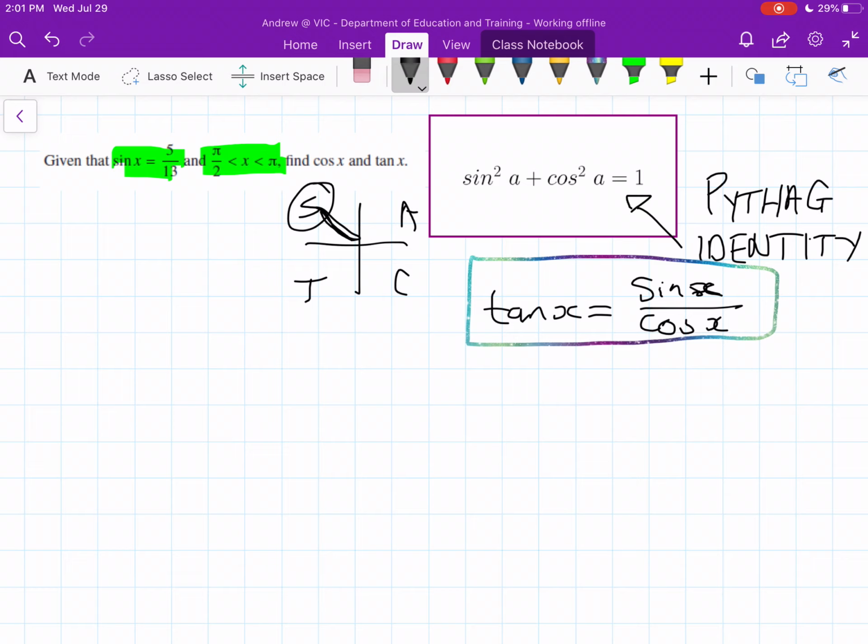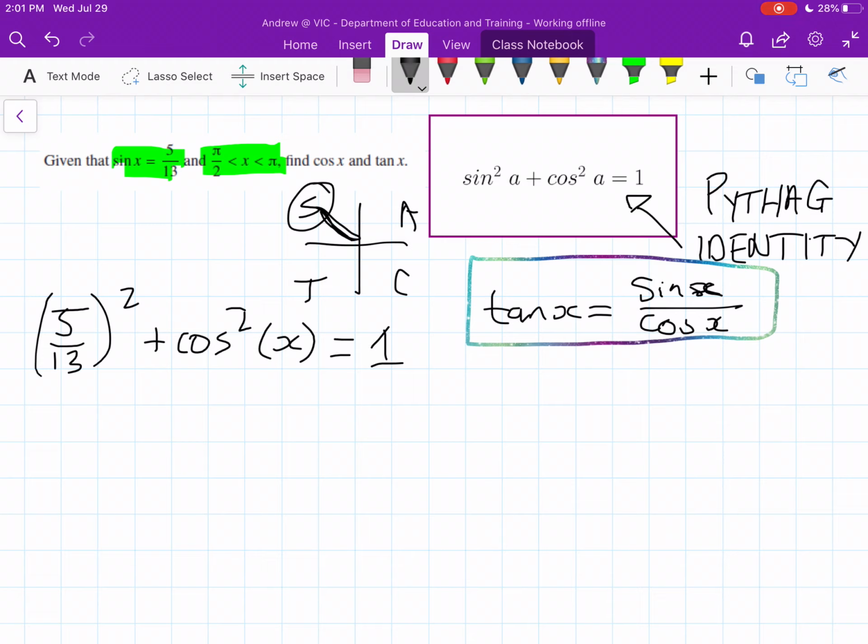So if we have sine of x, that's 5 on 13, we've been told that, 5 on 13 squared plus cosine squared x, that's all got to equal 1.